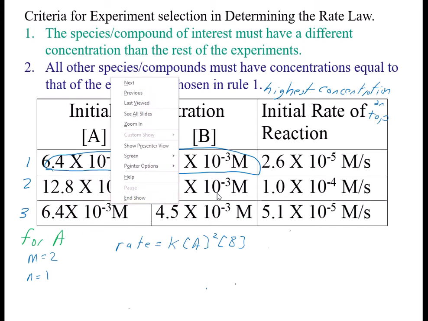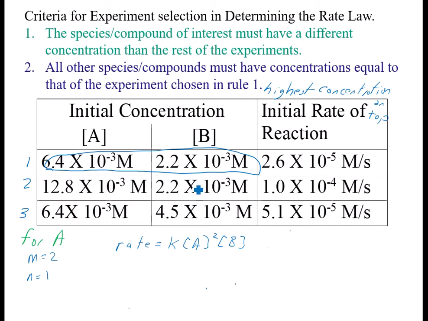Now on the test, it will be one of them. When you're doing practice problems, I suggest doing all of them. So if I want to solve this for k, then I have rate divided by A squared times B is equal to k.